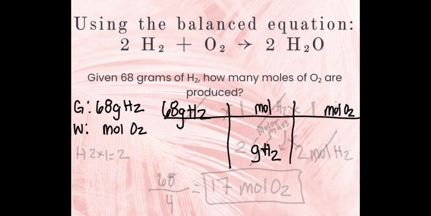Okay? Sorry, I want to have mole of H2. All right. So with me having a mole of H2 here in my numerator, I want to have the mole of H2 here in my denominator.